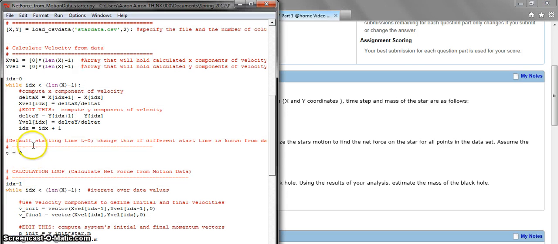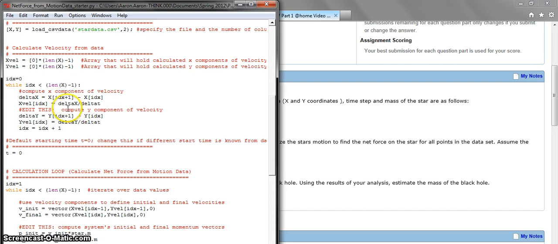Initially, we had to find the change of x and the change of y variables. So for this, we created x idx plus 1 minus x idx in order to find the change of x, which is used to find the velocity in the x position by delta x divided by the change of time.